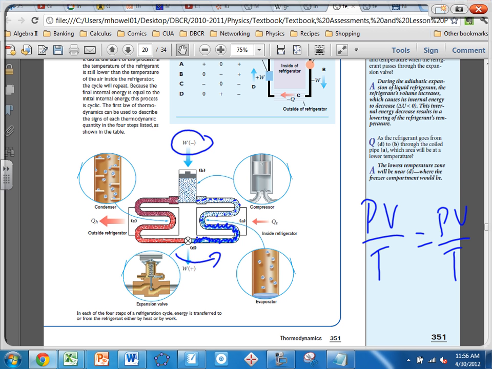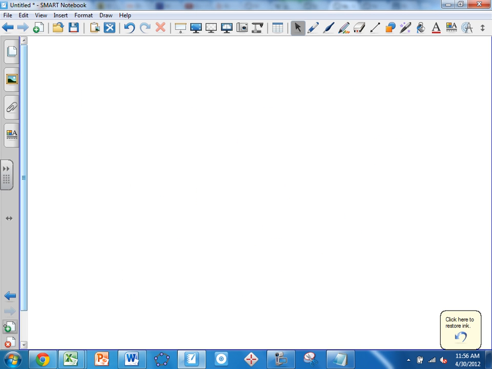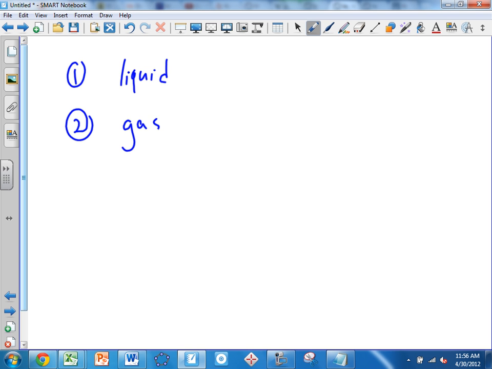Okay, so if we want to summarize, it starts as a liquid. That's the beginning of the cycle. The second stage of the cycle goes to a gas from gaining all that heat. Then you have a compressor, and what a compressor obviously does is compress the volume.